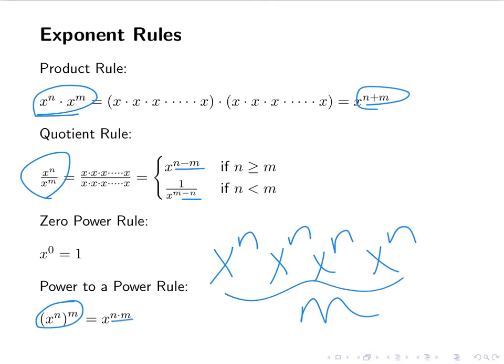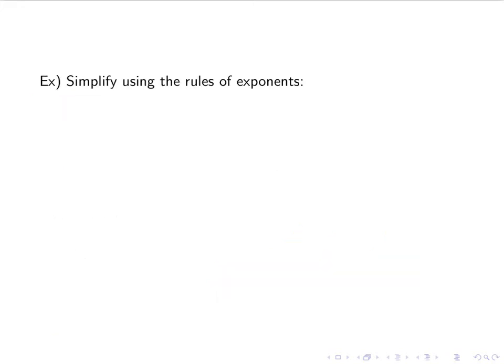So we're going to use these rules in a bunch of examples. Simplify using the rules of exponents. My first one, x to the 5th times x cubed, that's multiplication, which means I'm going to add them. So 5 plus 3 is 8. For my next one, I have x cubed over x to the 7th.